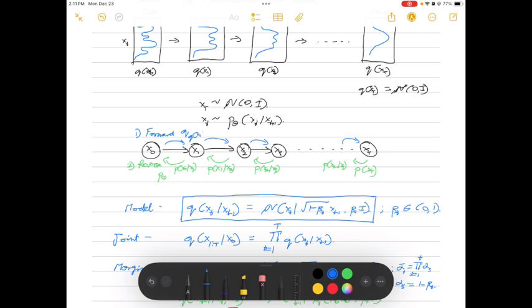It was x1 given x0, x2 given x1, x3 given x2, and so on and so forth until we reach x_T given x_{T-1}. And the starting distribution here was q of x0, which was the clean data sample.